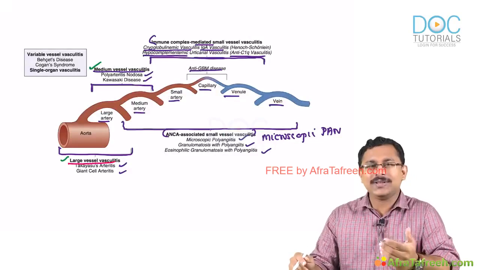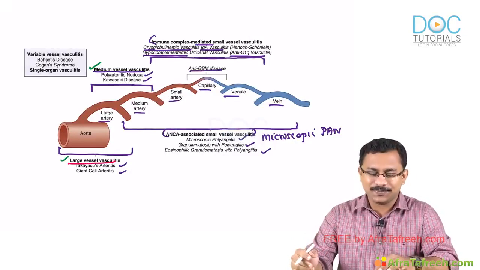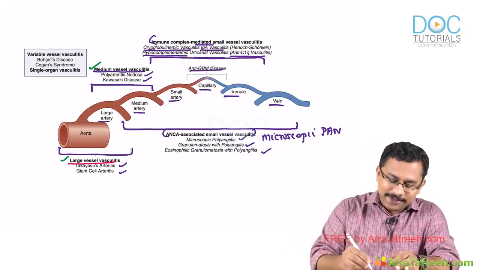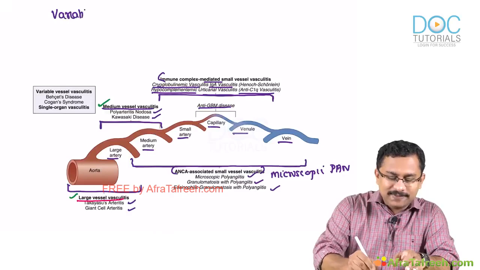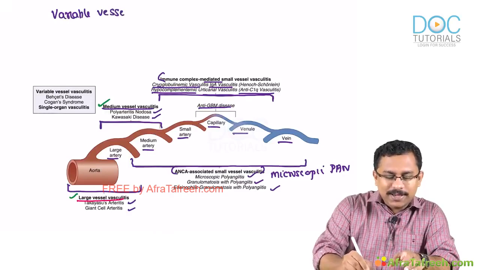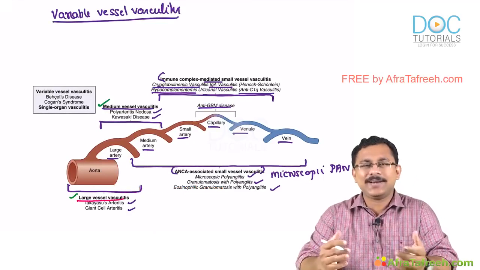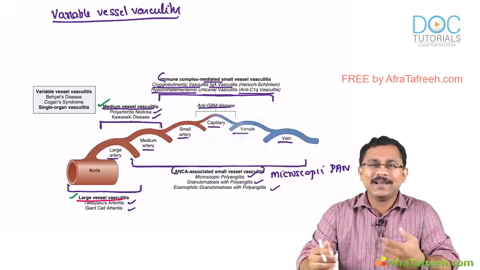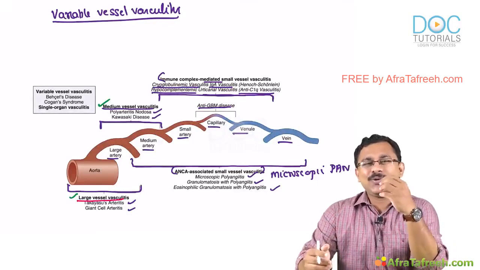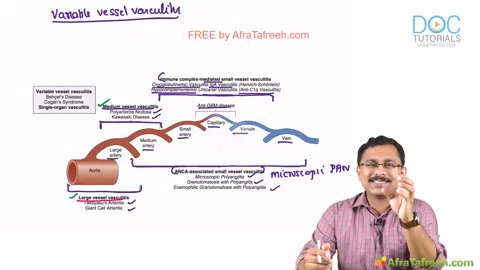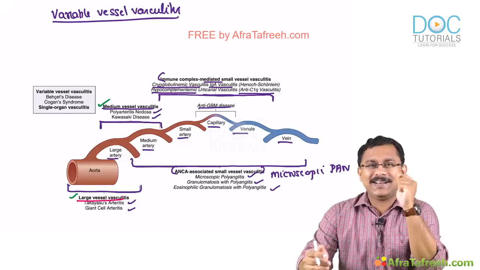Now you got to know that in addition to the classical subdivisions of the vasculitis, you also have an entity that is called the variable vessel vasculitis. Now what is this variable vessel vasculitis? It means vasculitis in which sometimes you might have a predominant large vessel involvement, sometimes medium vessel, small vessel. So the one you could not group into a particular major subgroup, that is what you call a variable vessel vasculitis.